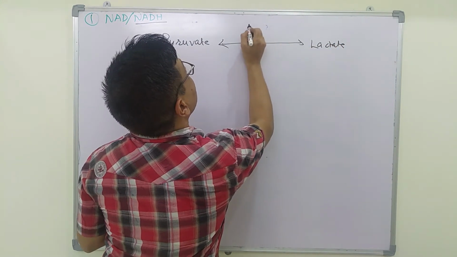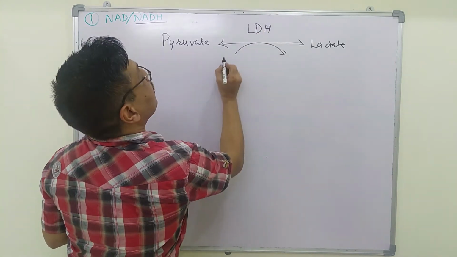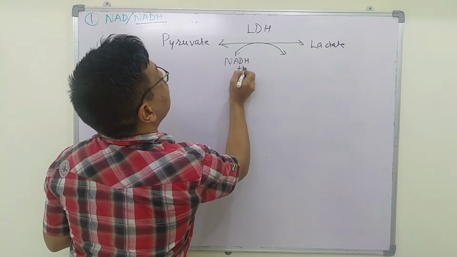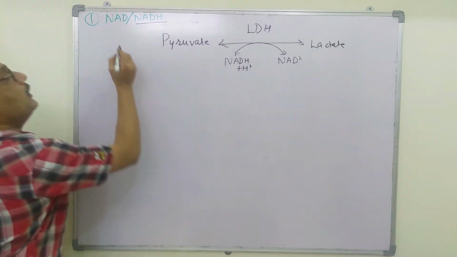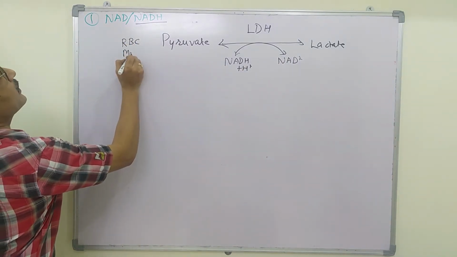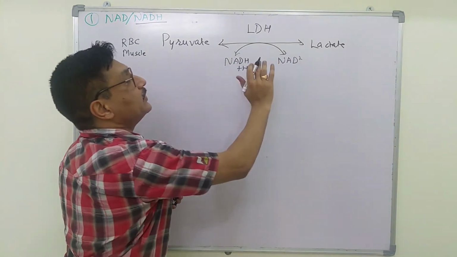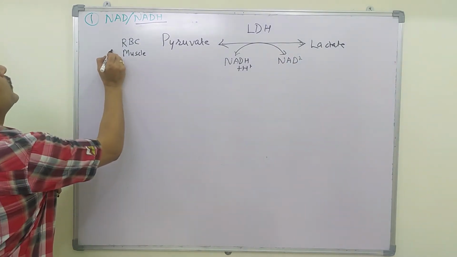Enzyme required is lactate dehydrogenase, and NADH plus H plus is converted into NAD plus. In RBCs and in contractile muscles, this reaction is important in order to keep anaerobic glycolysis intact.